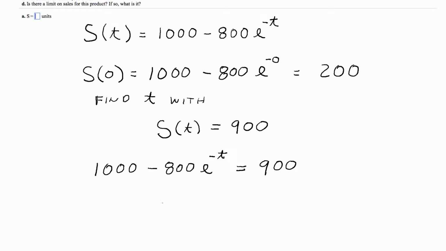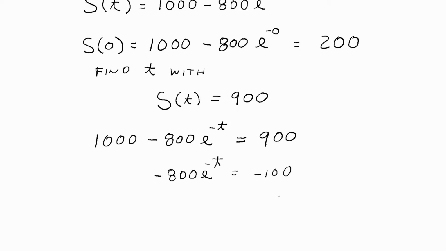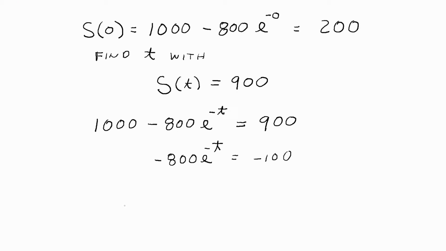First I subtract the 1,000 from both sides, leaving negative 800 times e to the minus t equal to negative 100. Now, dividing both sides by negative 800, we see that e to the minus t is equal to 1/8.